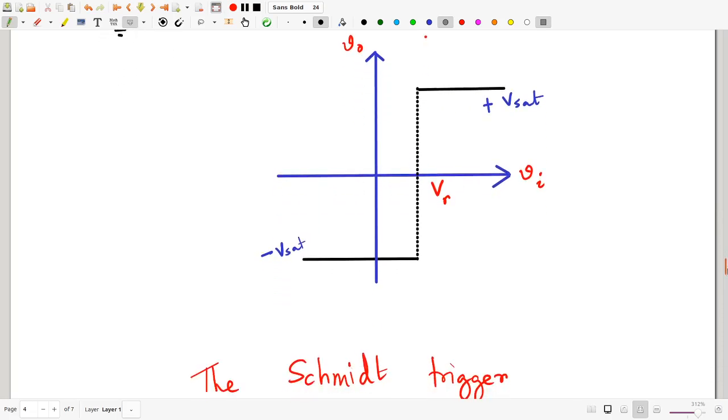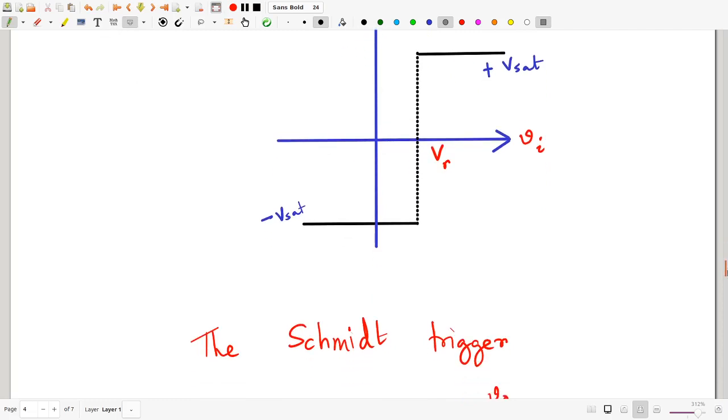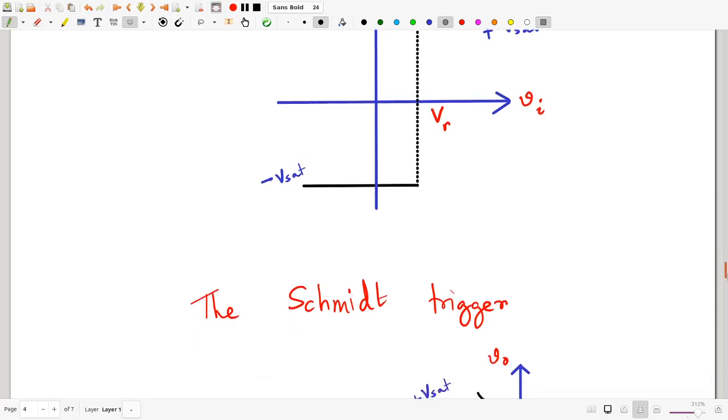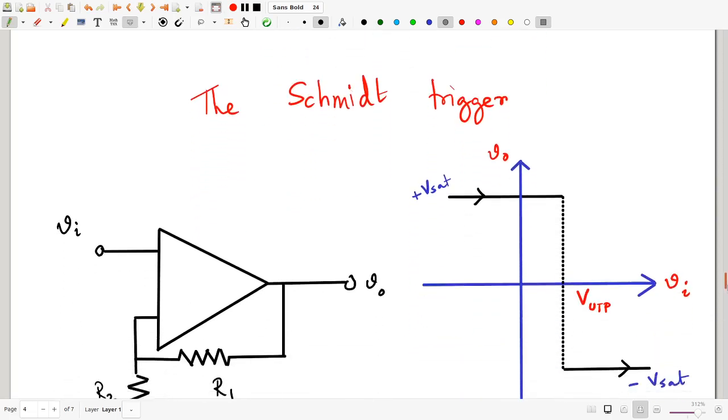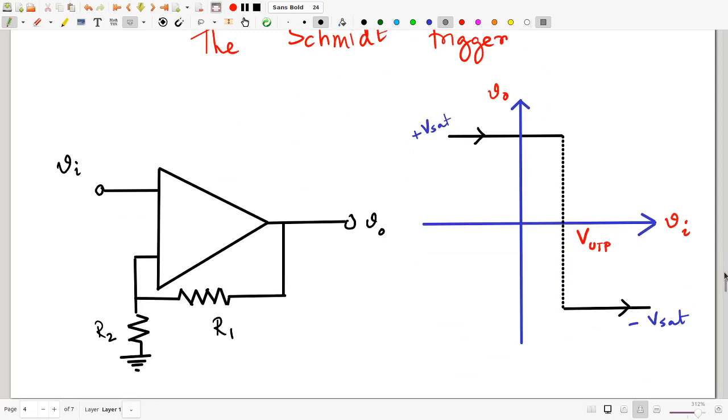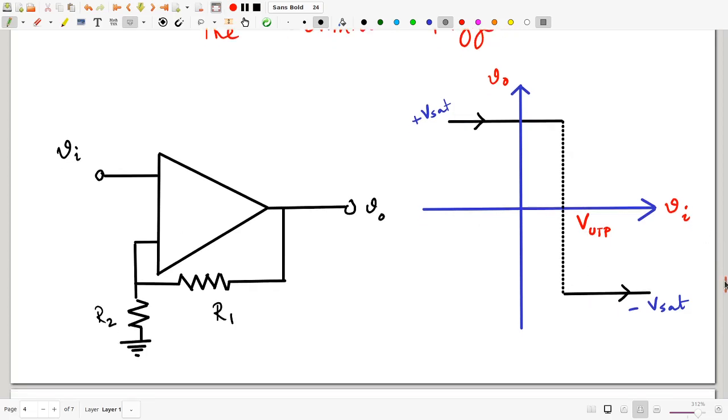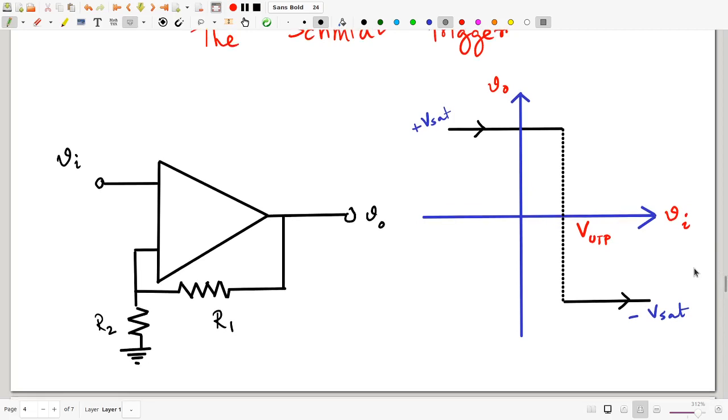Now let us quickly take a look at a slightly more interesting circuit. In fact, the comparator is a pretty interesting circuit, but this one, I guarantee you, will be much more interesting. I have not drawn the output versus input graph for this circuit, called the Schmitt Trigger, completely right now, but let us try to understand what it will do.